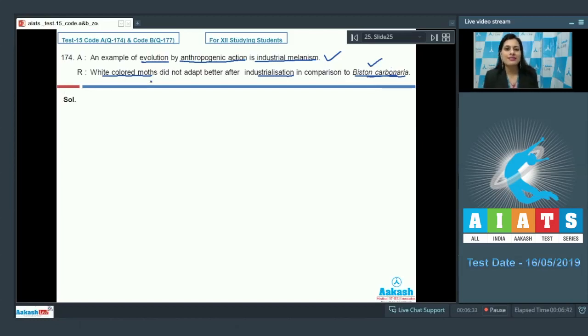And after industrialization, white colored moths were less adaptive in comparison to dark winged moths called Biston carbonaria. So this is also a correct statement, but as the given reason is not a correct explanation for the above given assertion, we can mark the answer as 2. Let's discuss our next question.